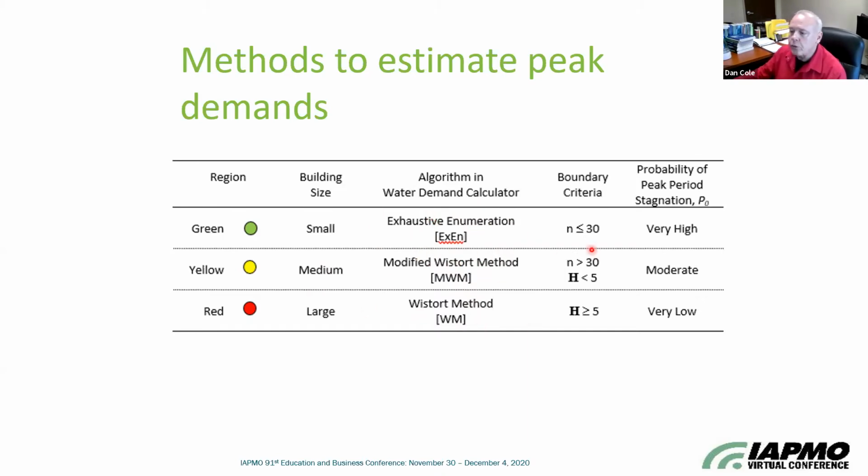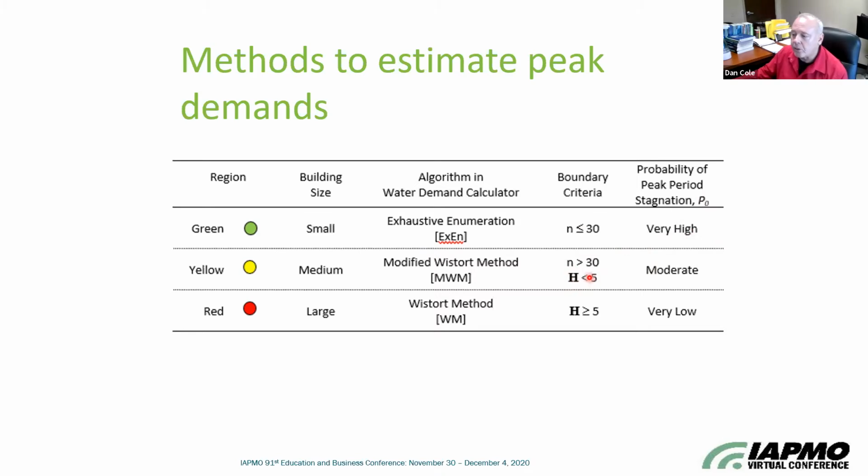This method is used when the number of fixtures is either 30 or less. The stagnation probability, which means the probability of no fixtures flowing, is very high in small building sizes. If the fixture count is larger than 30, and here we have an H, we are calling this the Hunter number, and I'll explain this in the next slide.